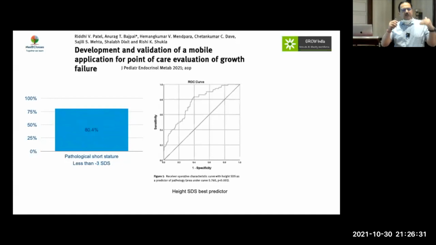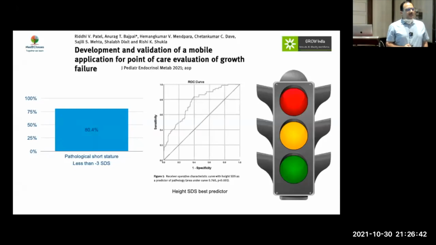So the severity of growth failure will tell you whether it is physiological or pathological, and this is how you can evaluate. And we found that the height SDS was the best predictor of pathology. So based upon that, if height is more than -2 standard deviation score, nothing to worry. If height is -2 to -3, wait and watch. If it is less than -3 standard deviation, immediately evaluate.